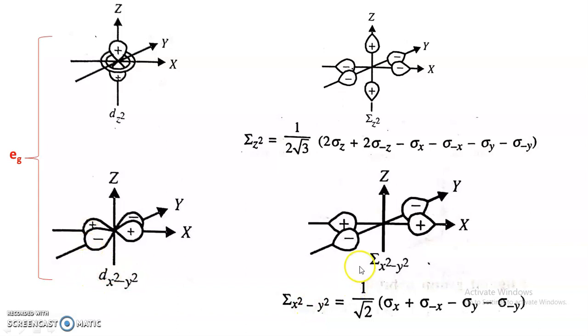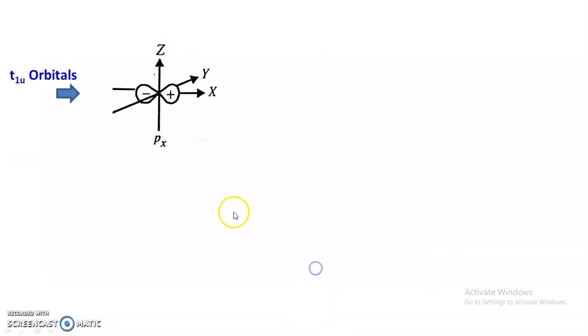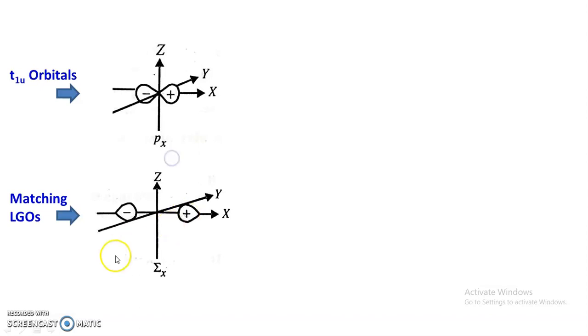So this is about the EG orbitals of metal ion and matching ligand group orbitals, that is summation z square and summation x square minus y square. Then there are 3 T1U orbitals, px, py and pz. This is the px orbital of metal ion. This is the matching ligand group orbital, that is summation x.